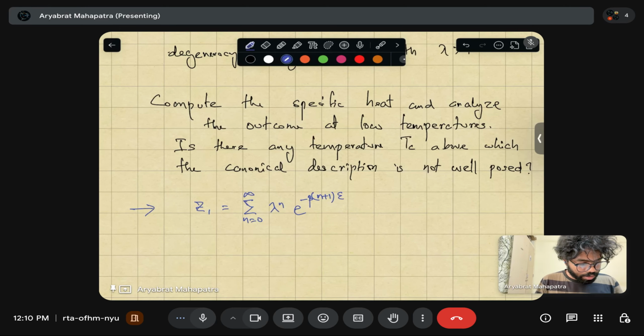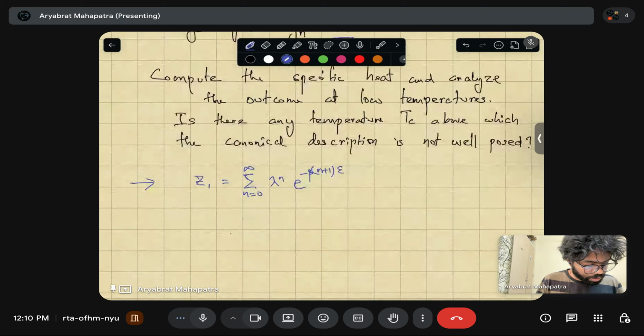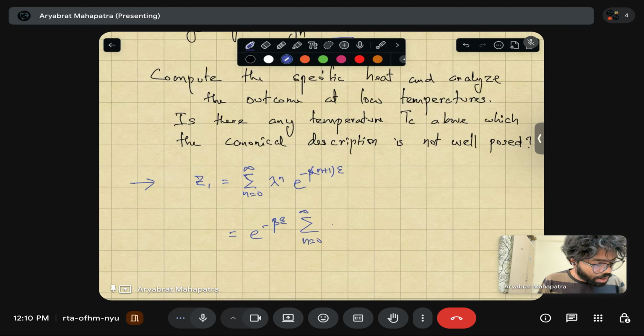So it gives exponential of minus beta epsilon, and the summation over n from 0 to infinity of lambda^n exponential of minus beta n epsilon.